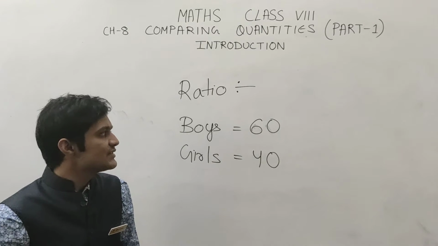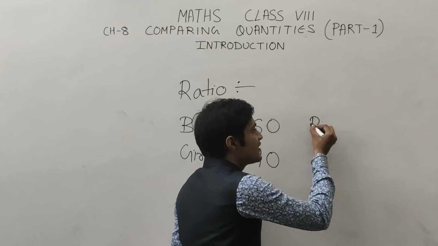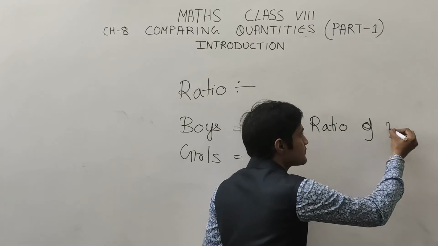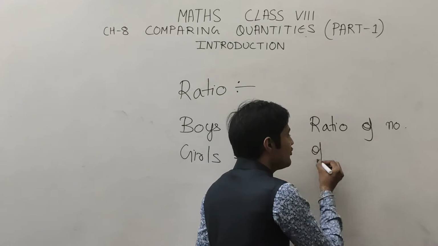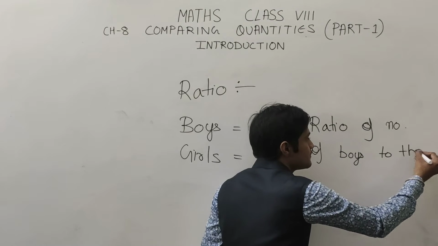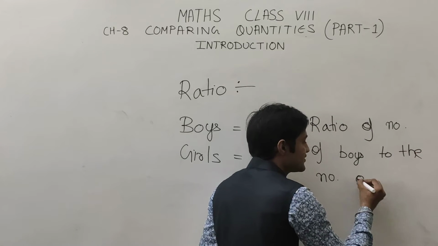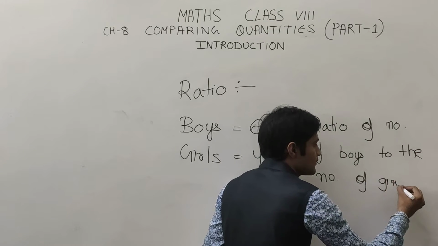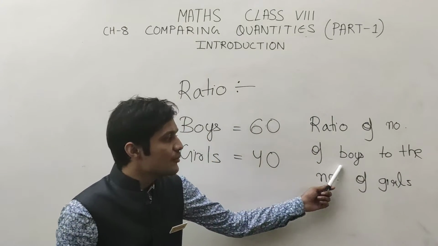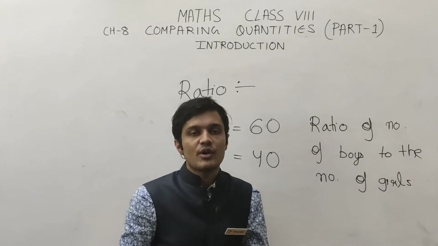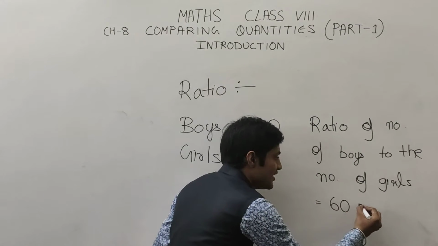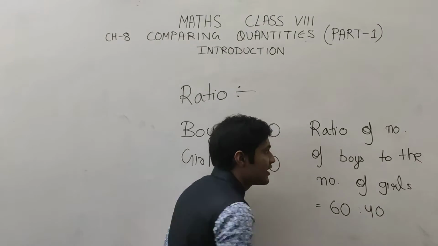So if someone says you find the ratio of number of boys to the number of girls, then this ratio will be what? 60 ratio 40.